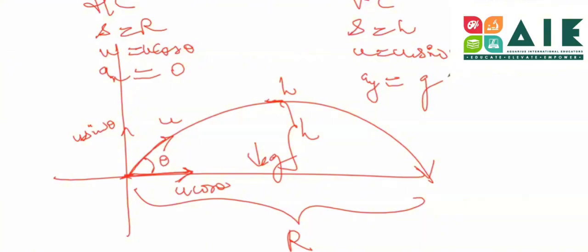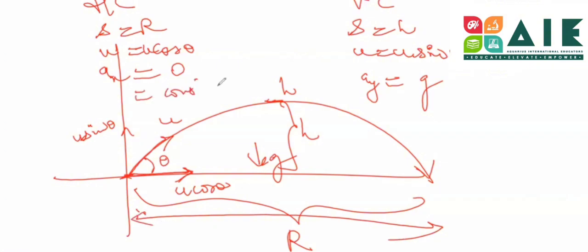Then we have the velocity. Let's talk about the velocity. Throughout this range, the velocity is constant. Just remember this point. Throughout horizontal, it is constant. It never changes. Whereas for vertical motion, it first decreases in this first half, A to B, right?